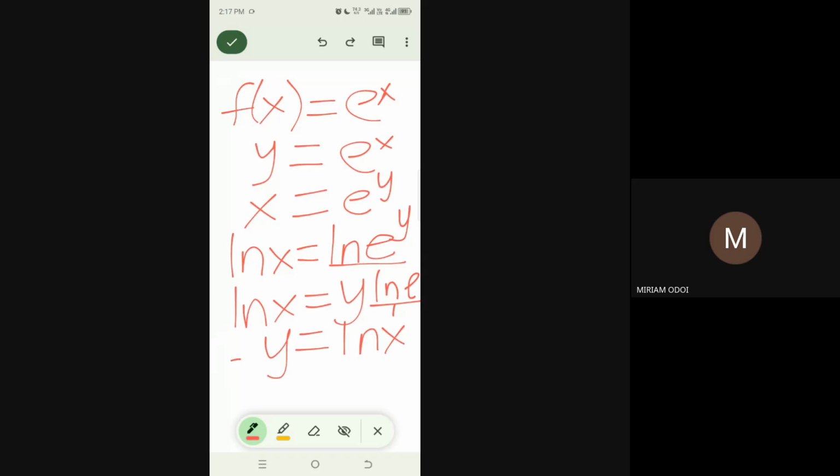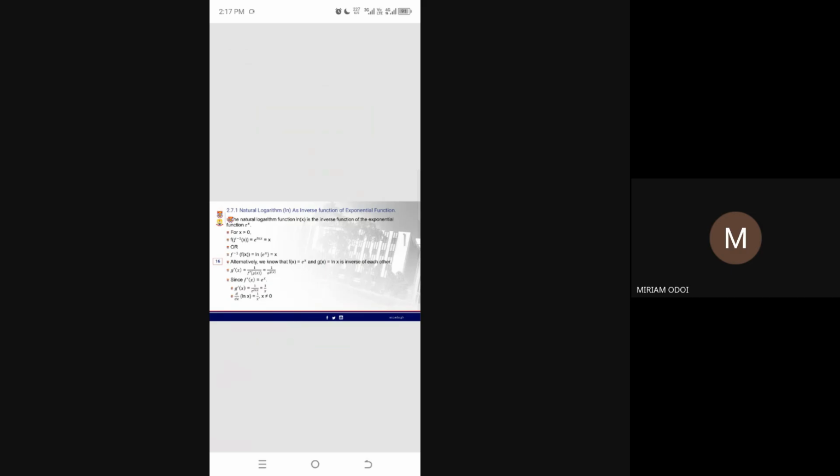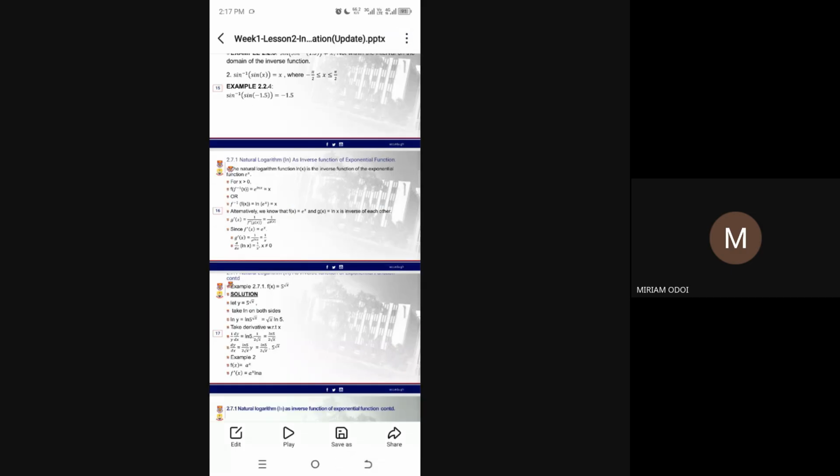So meaning that the inverse of e to the power x is equal to ln x. So that is why we are stating that the inverse of an exponential function e to the power x is ln x. Are we okay? Yes, madam. So that is the entire explanation for this particular side of the slide.